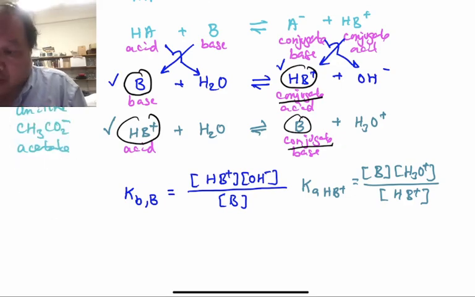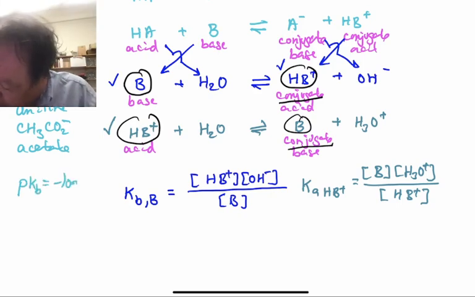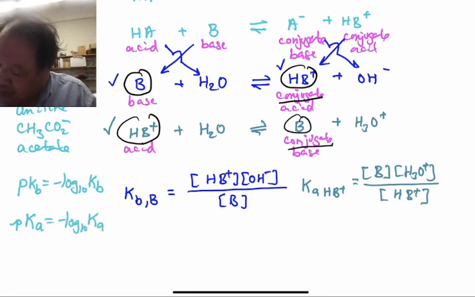We're going to introduce pKb, which is minus log base 10 of Kb, in the same way that pKa was minus log base 10 of Ka. So we're going to use those two relations.